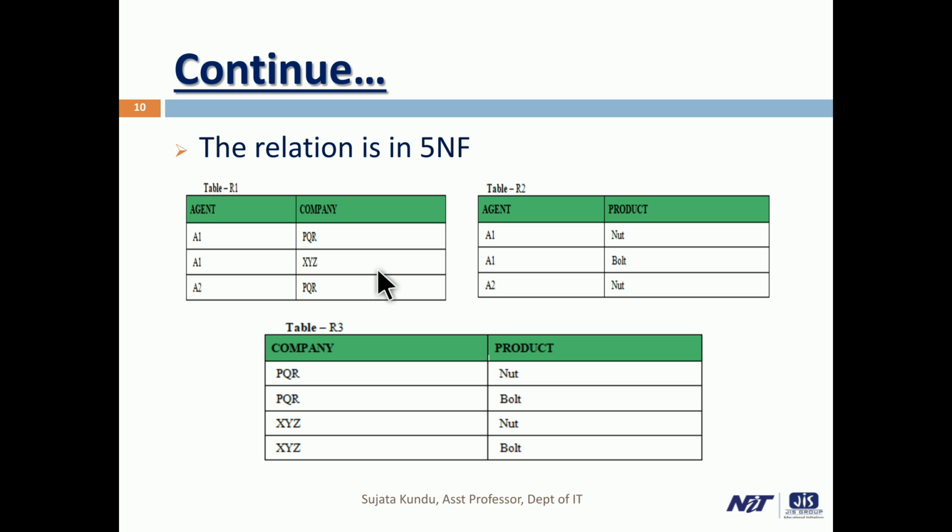It has held the condition for first NF, second NF, third NF, 4NF and the joint dependency also. So therefore the relation is in 5NF, as it does not violate the property of lossless join. So the relation is in 5NF.